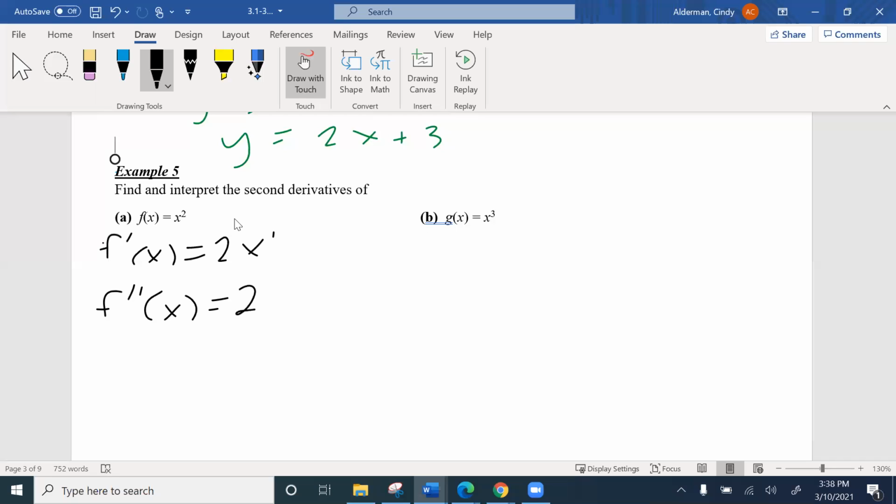Well, you know from algebra in high school that x squared is just a parabola, right? Now, if the second derivative is a positive 2, then what's that saying? That's saying that the derivative is always positive because it's always a positive 2, right? So because it's always positive, that's why we have a concave up graph.